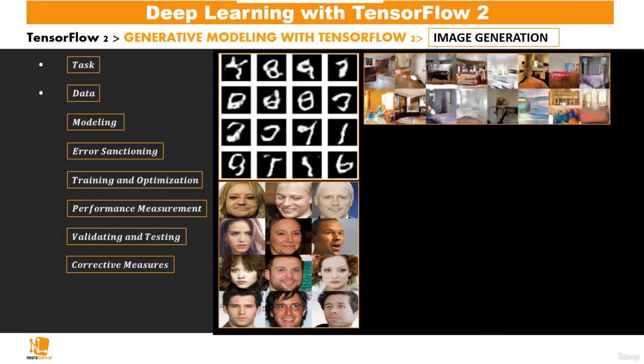Welcome to the section on generative modeling. So far, we've been working with supervised machine learning models. In supervised machine learning models, generally we have an input and an output, or better still, many inputs with their respective outputs.